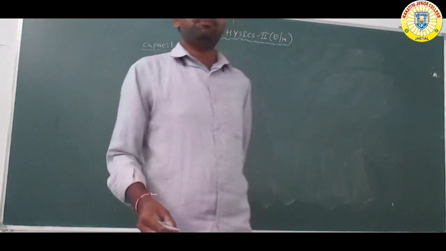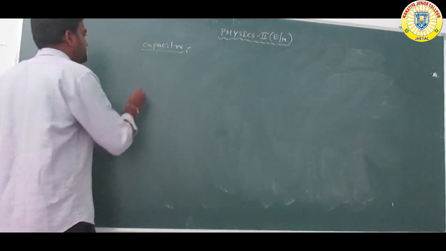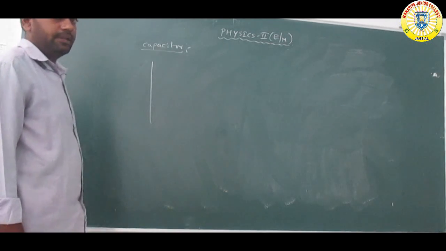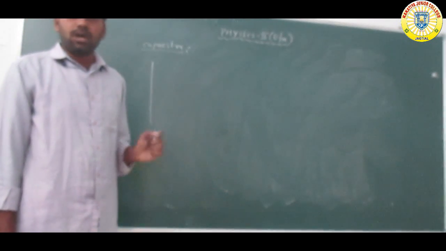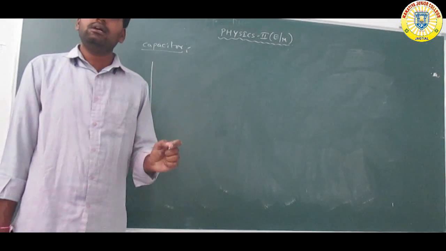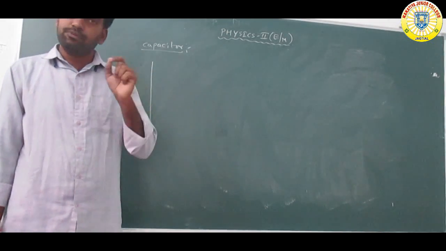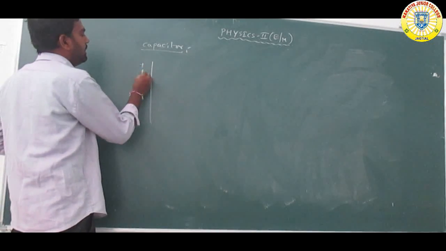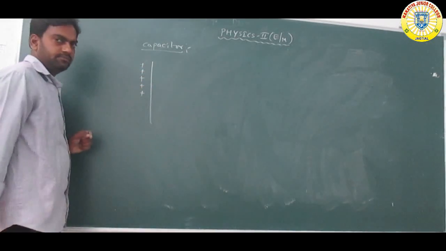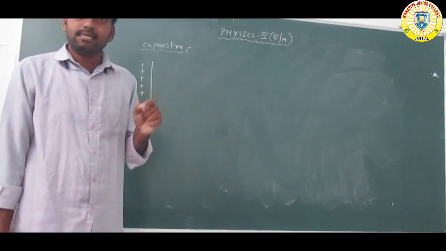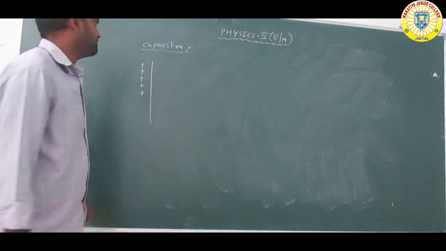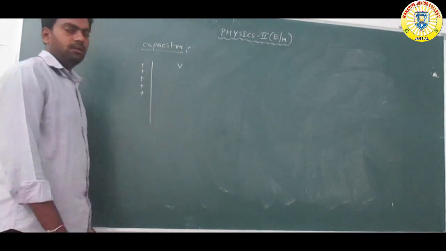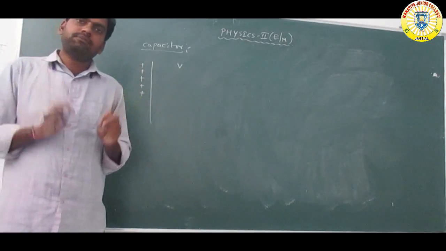Now for example, the condenser is taken, that is, a conductor is taken. This is called a conductor. The charge on a conductor is increased gradually, and the potential difference also increases.